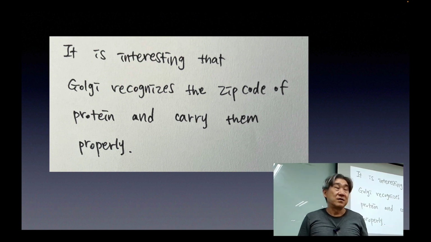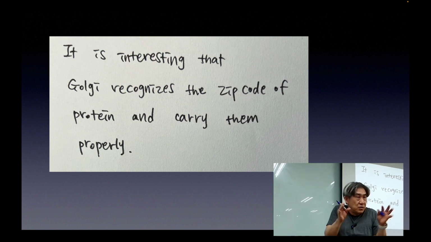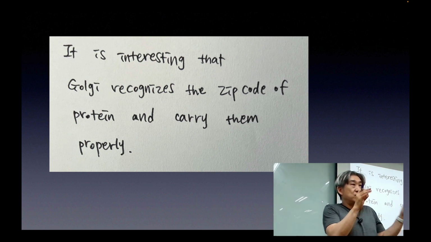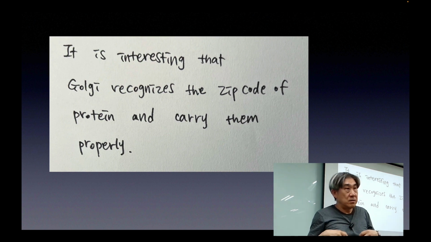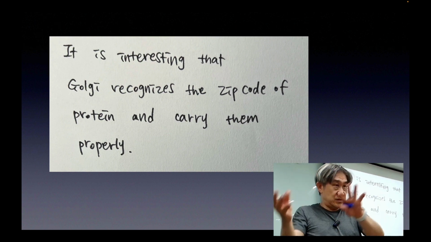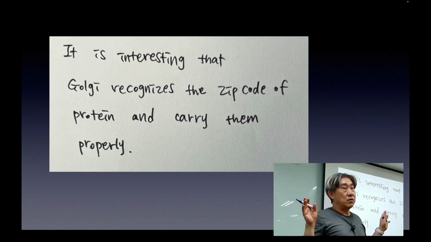And the secret of this recognition, guess what? How can the Golgi distinguish and recognize different signals of the so-called zip code and then deliver different zip code-bearing cargos to different locations?